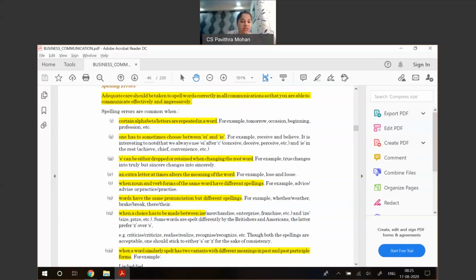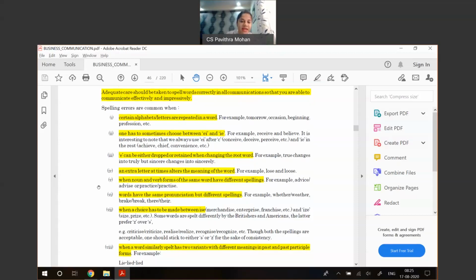One has to sometimes choose between EI and IE: view, receive, conceive, deceive, perceive, achieve. So kindly ensure that you are writing the proper IE or EI. Then you have E, which can be either dropped or retained when changing the root word. This happens in truly. You can leave out E in truly, but in sincerely you can't leave out E. It's not allowed.